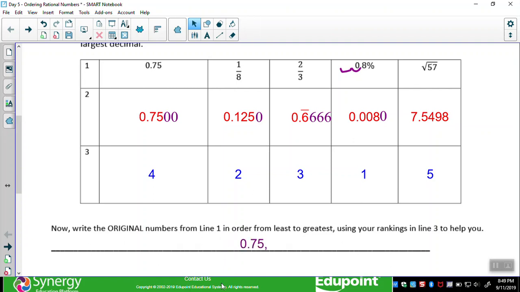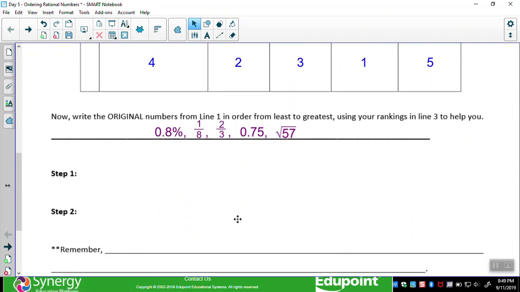I had 0.8%, then 1/8, then 2/3, then 0.75, and then last the square root of 57. So now I've got them in their original form in order from least to greatest.